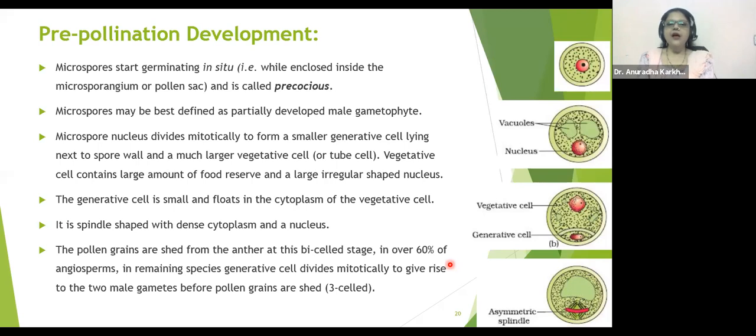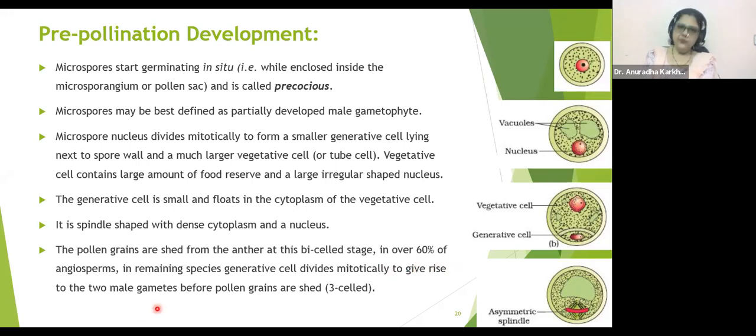The pollen grains are shed. Now look at this. This is a two-celled structure of the pollen grain now. So pollen grain internally is going to have two cells, vegetative and generative, right? Now see, the pollen grains are shed from the anther at this bi-celled stage in over 60% of the angiosperms.